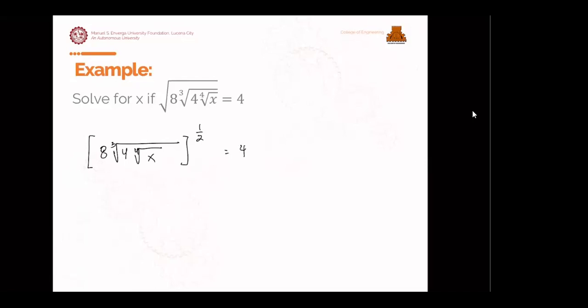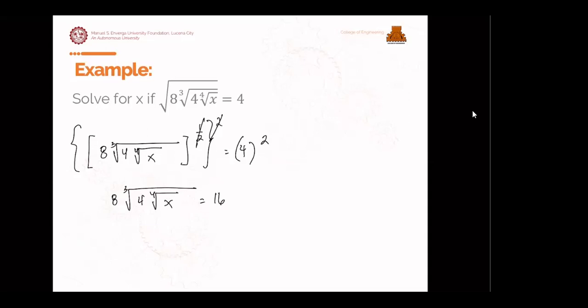So para ma-eliminate si 1/2, kailangan ay i-raise ko both sides of the equation by 2. Okay? So ito magiging 2 over 2, so may eliminate na to. Okay, so this will be 8 times cube root of 4 fourth root of x equals to 16. Okay?